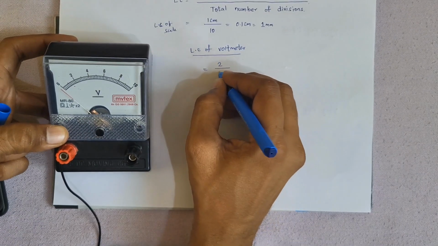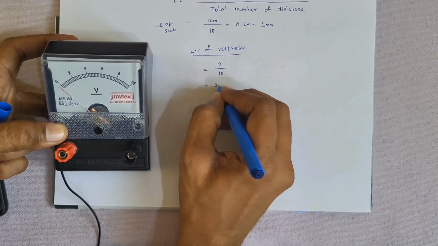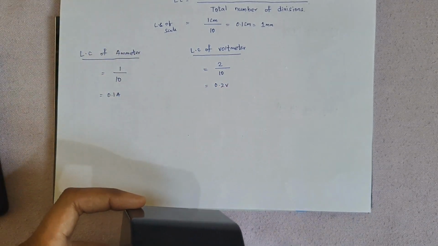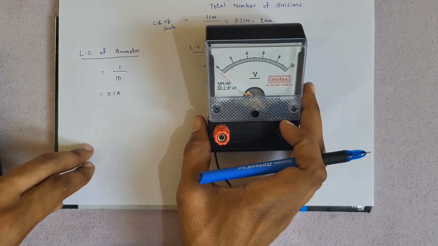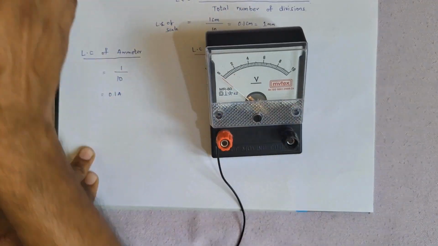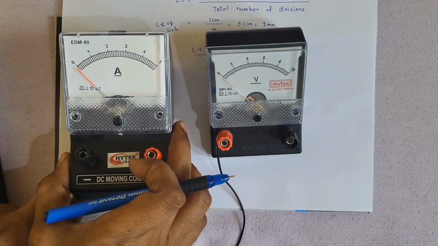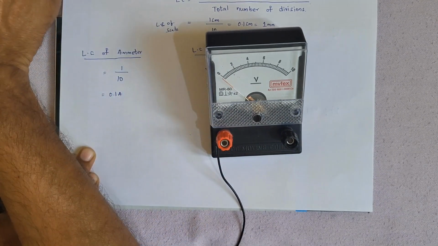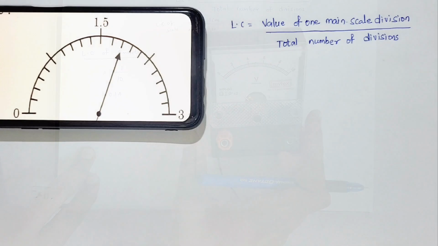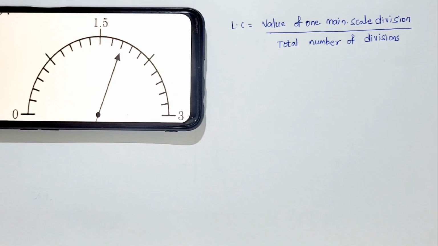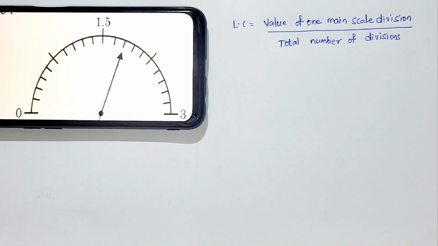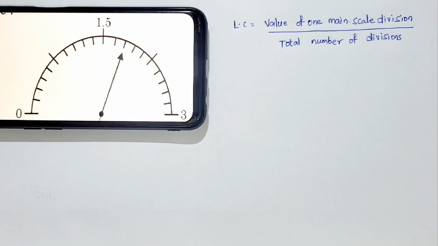So 2 divided by 10 is equal to 0.2 volts. So the least count of this voltmeter is 0.2 volts, and the least count of the ammeter is 0.1 ampere.